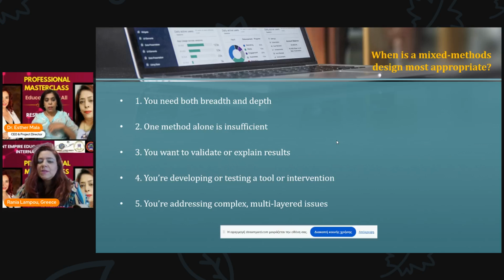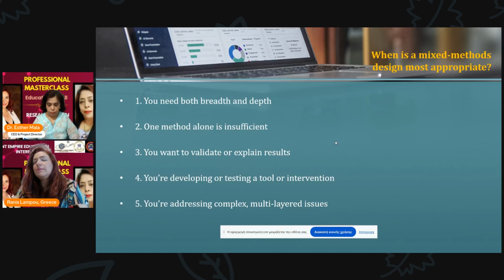If you want to validate or explain results, using one method to confirm or elaborate on findings from the other increases the validity of our conclusions. For example, statistical trends can be followed up with interviews to explain surprising or ambiguous patterns.